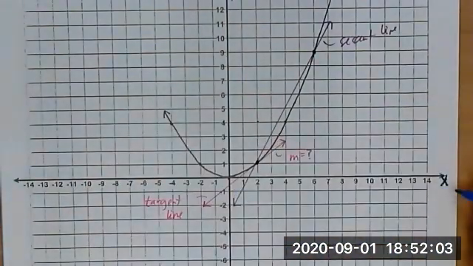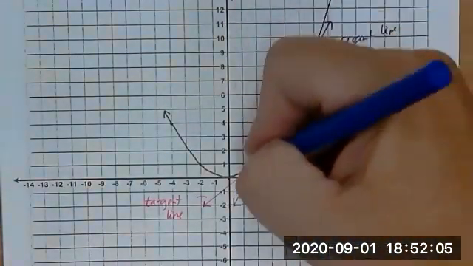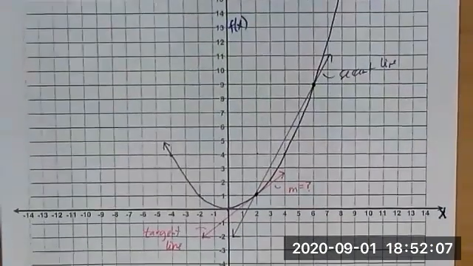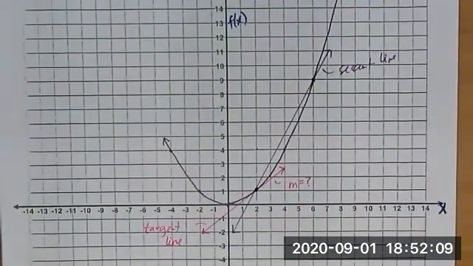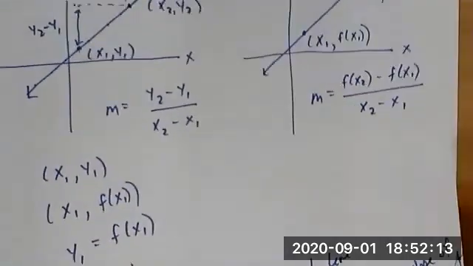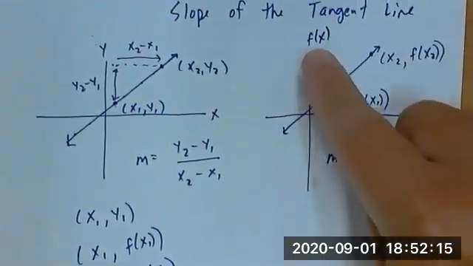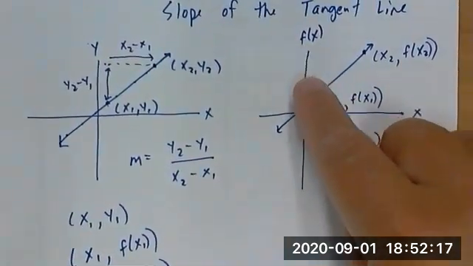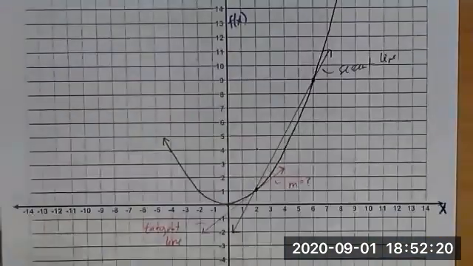So the horizontal axis is x, the vertical axis is f of x. This is why a few minutes ago I showed you how, if we have a graph in function notation, we can still do the slope. That's what I'm going to do here, except I'm going to do something a little bit different.